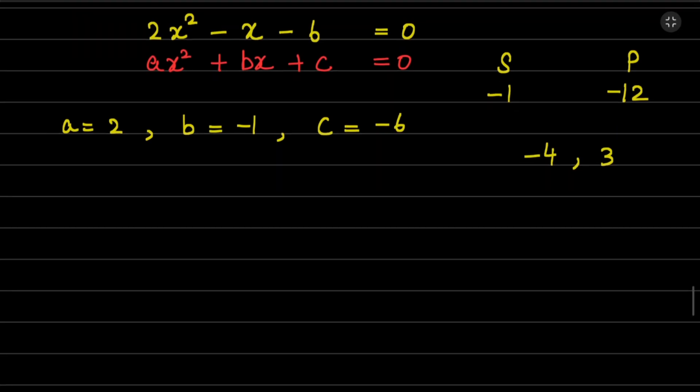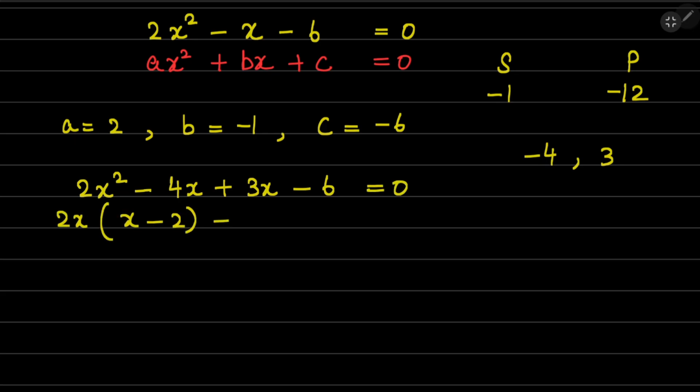So it's very easy. Now just let's replace minus x with minus 4x plus 3x. Let's do it. So 2x square minus 4x plus 3x minus 6 equal to 0. Take 2x common out, you have x minus 2 inside, plus 3 common out, again x minus 2, equal to 0.